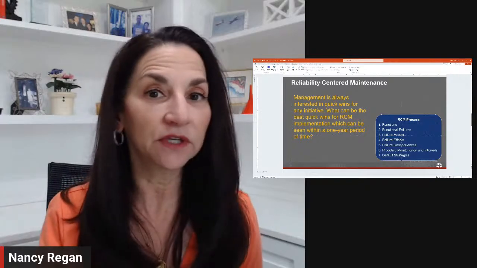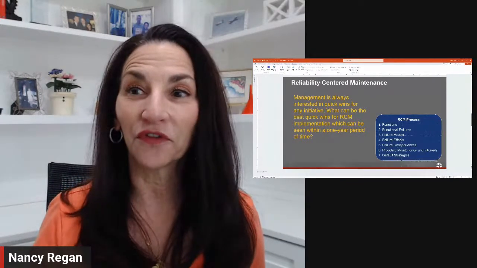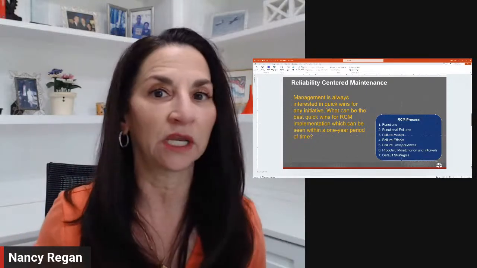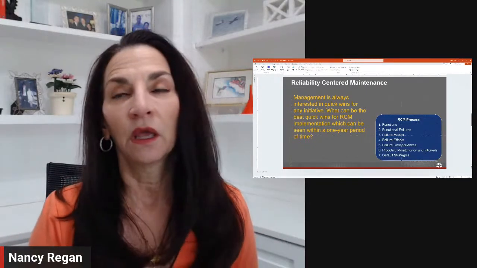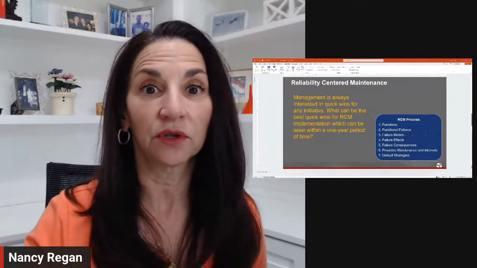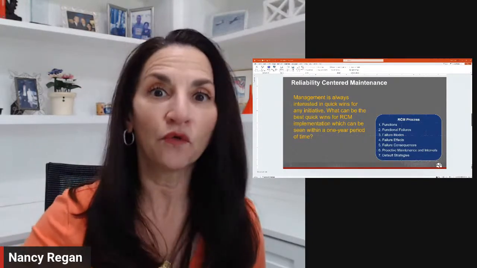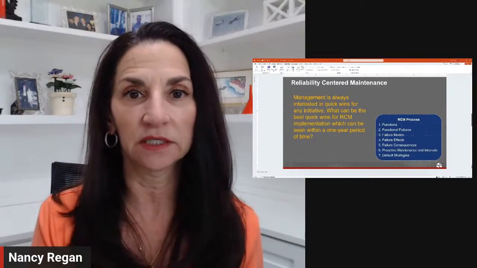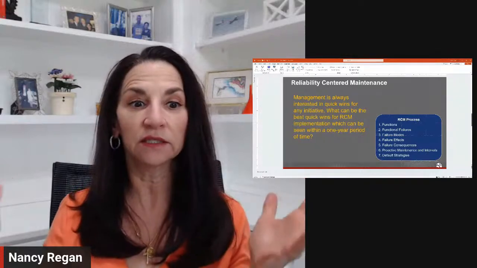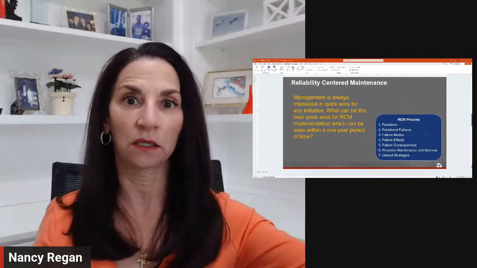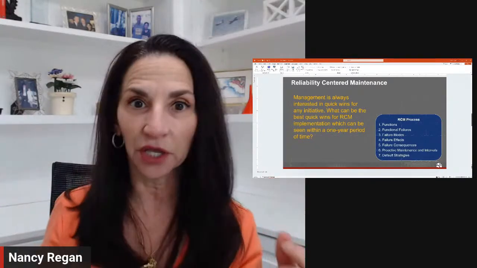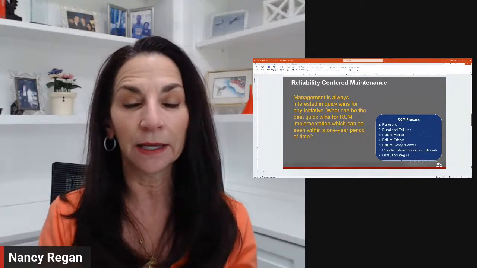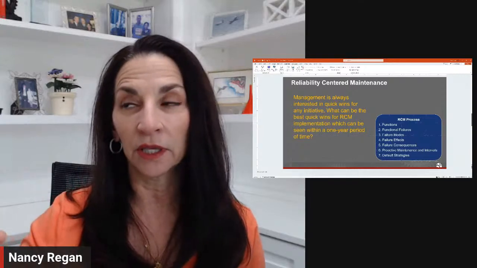Some of you may have experienced this, where chronic failure happens because we're asking a machine to do more than it can, right? So we actually induce failures because we're overworking something. So that could be a quick win for reliability-centered maintenance, where right there in session, you figure out that's why we're having chronic failure.